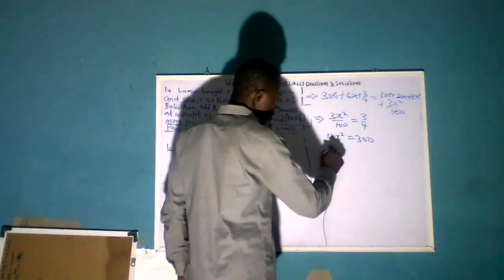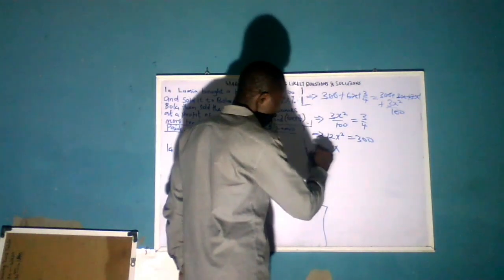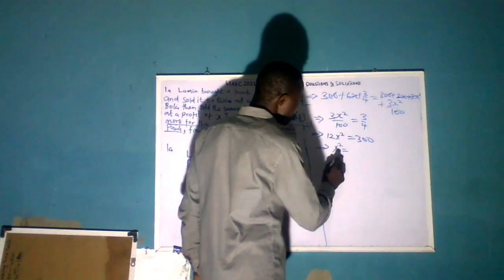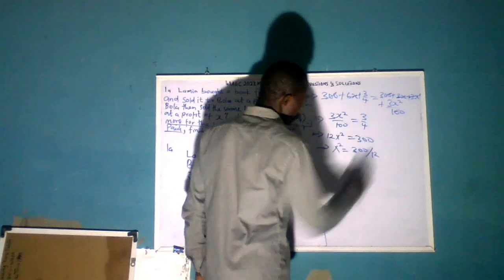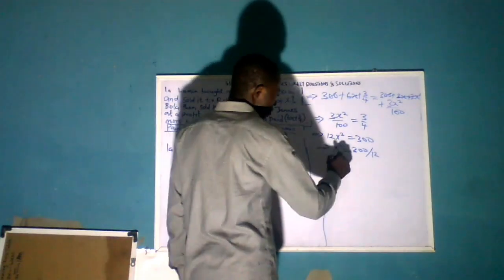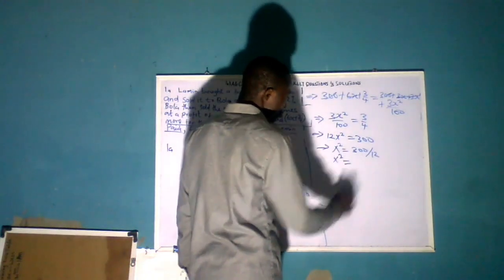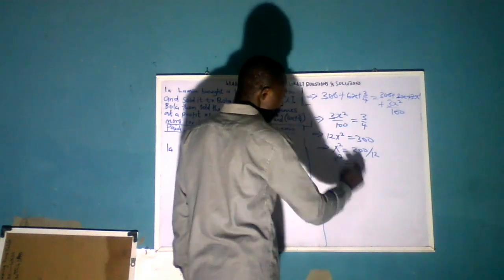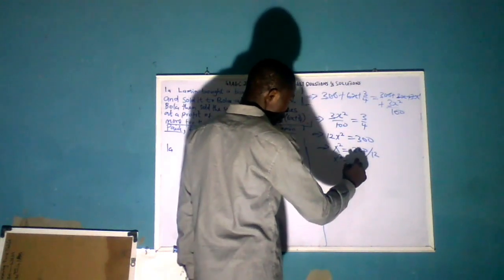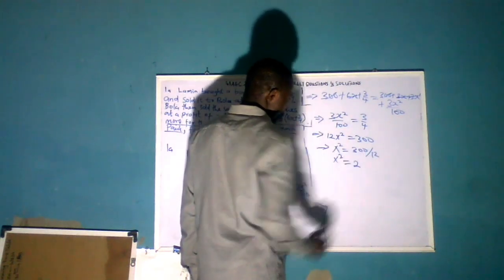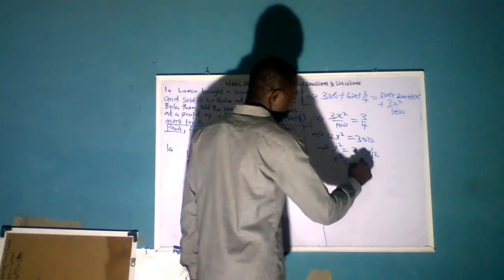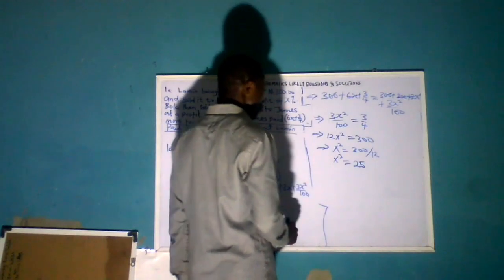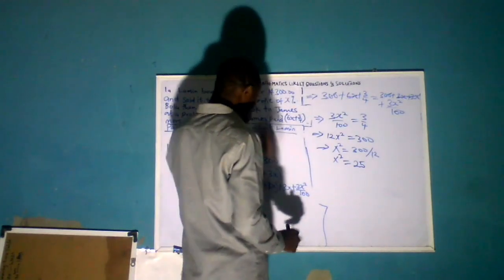If you make x squared the subject of formula, x squared is equal to 300 divided by 12. 12 in 30 is 2, remember 6, 12 in 60 is 5, and you have 25. x squared is equal to 25.